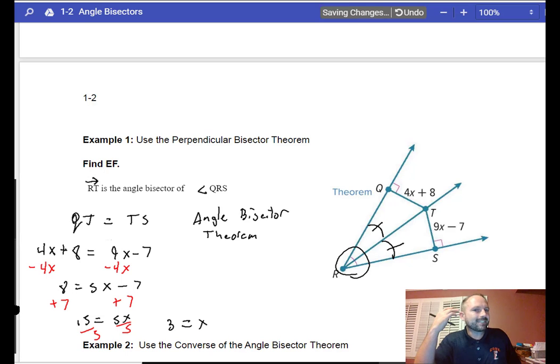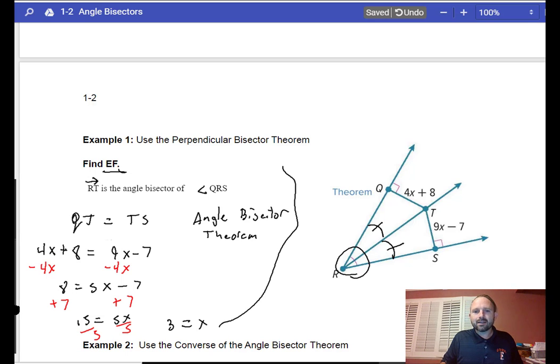But the problem is we're not looking for what is x. We're looking, what's EF equal to? So taking this, I can continue this up here. Or if I had my own paper, I'd be writing it down right now. I'm looking for EF. Wait a second here, technically I'm not looking for EF.